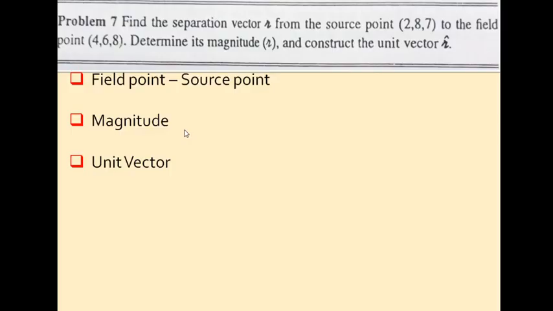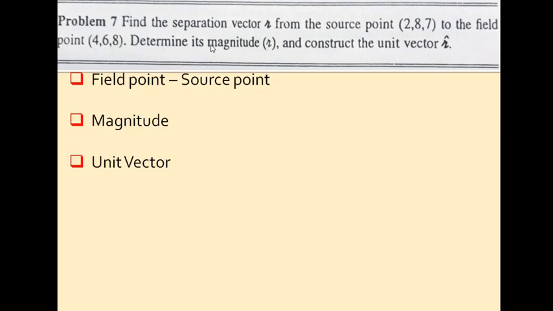Okay, and the last example, example number 7, is asking about finding the separation vector or the position vector. It is boldface, so it is a vector. So r from the source point, the beginning point, is (2, 8, 7) and the field point is (4, 6, 8).